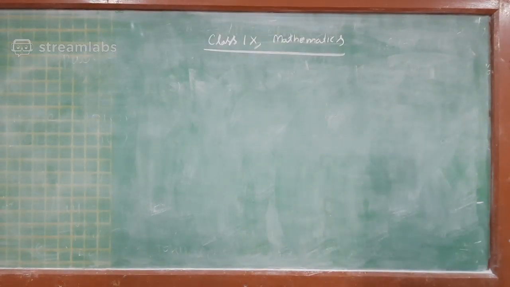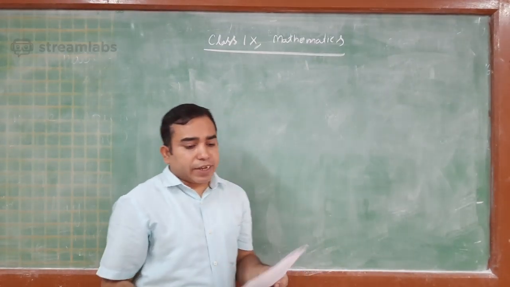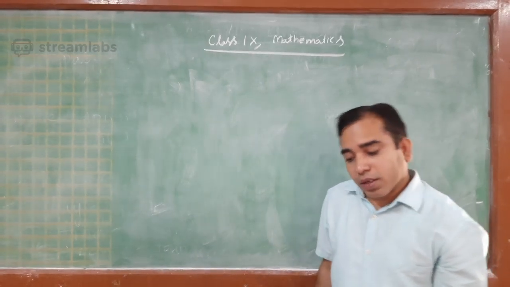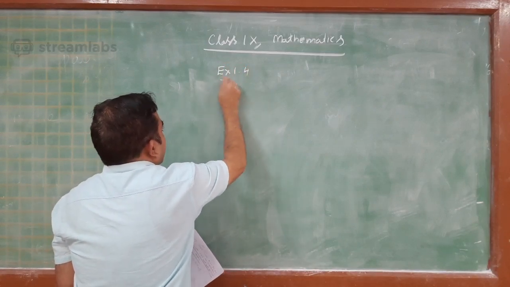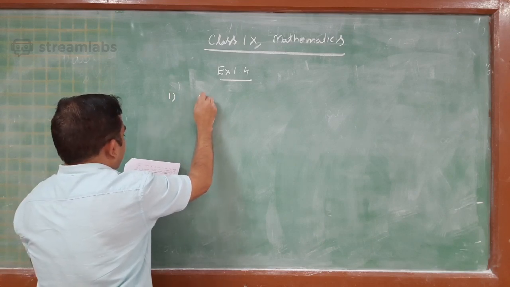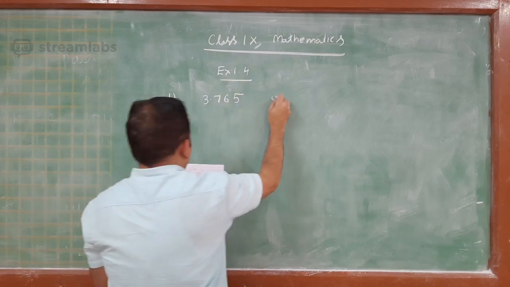Those who have watched yesterday's lecture must have completed it or must be able to do it. But let's take this exercise 1.4 for revision's sake. There are two questions. One question is to visualize 3.765 on the number line.